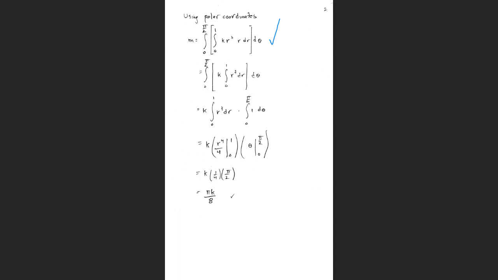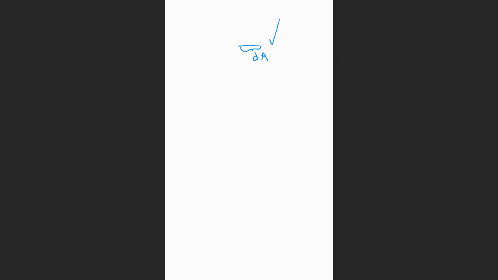And of course, r dr d theta is the dA, your unit of area. And I know I'm going to iterate the double integral, so why not just put the two iteration symbols in right away.